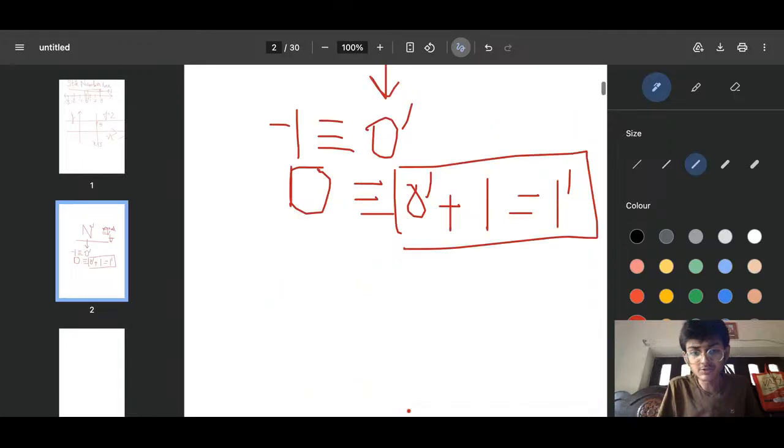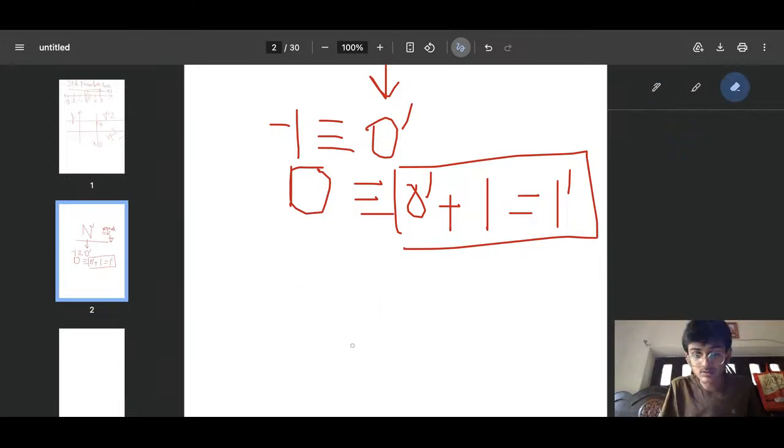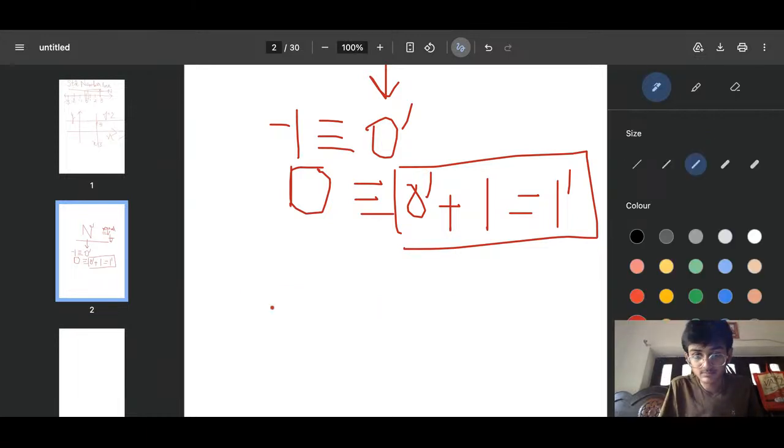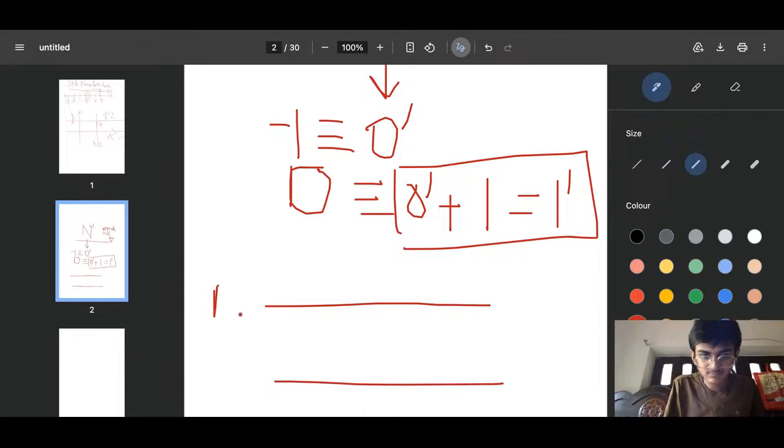So now our new system will look like this. I'll compare it with the previous one also. So just look at this, okay, under this one. This is n dash: 0 dash, 1 dash, 2 dash.